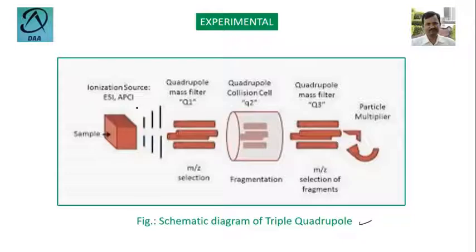A sample which is not ionized cannot be detected by the mass spec. This is the primary condition. There are two types of source: one is electrospray ionization, ESI, or atmospheric pressure chemical ionization, APCI.